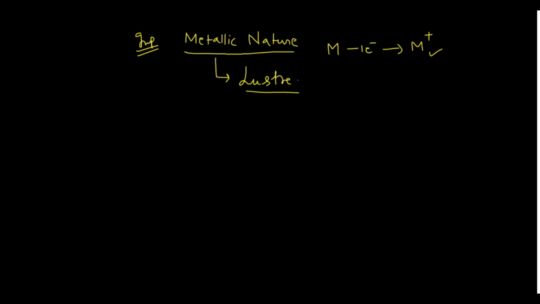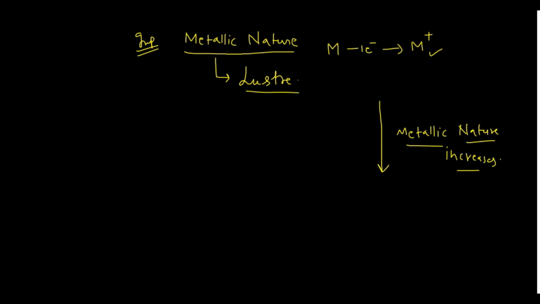So first of all, you should remember this particular point. Alkali metals are the most electropositive elements in the entire periodic table, and their metallic character increases down the group. Why does metallic nature increase? As you know, when you move down the group, the size of the element increases.